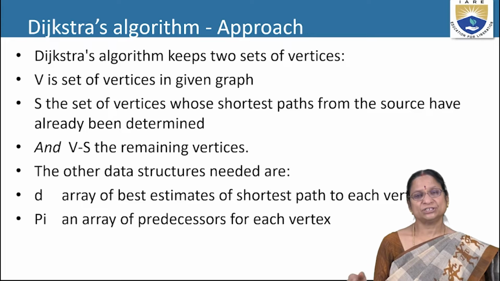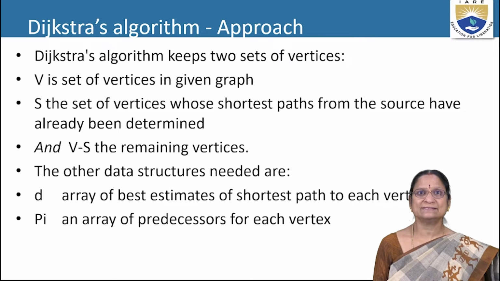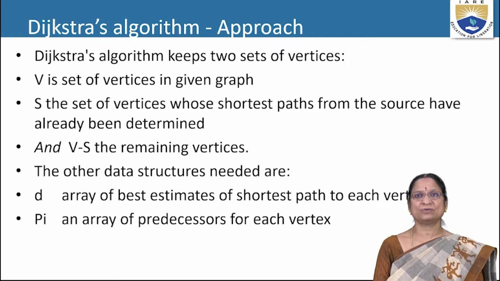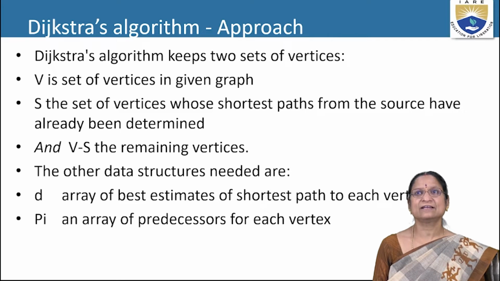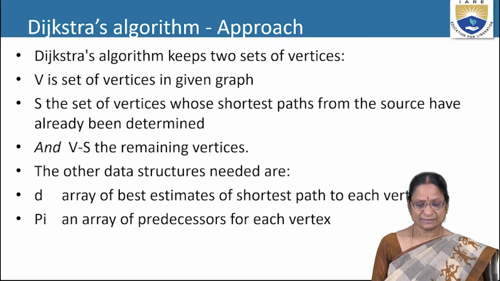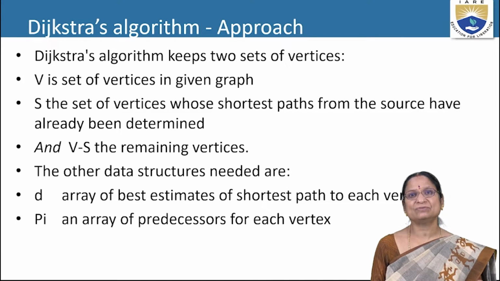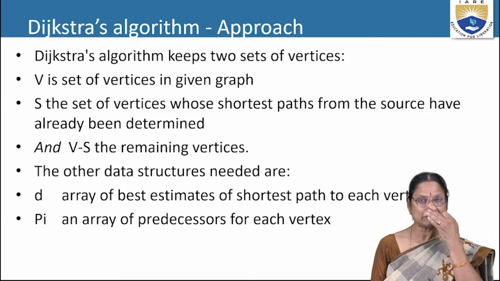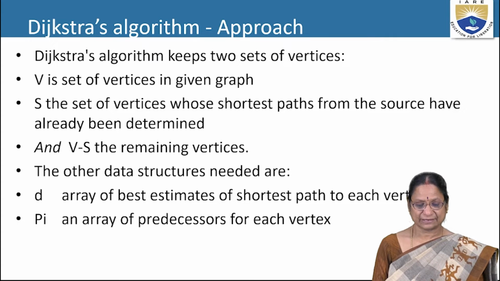The iteration has to continue as long as V minus S is not an empty set. When all vertices of V are included in S, we can stop the process. V minus S is the remaining set of vertices; if the remaining set is empty, we can stop.